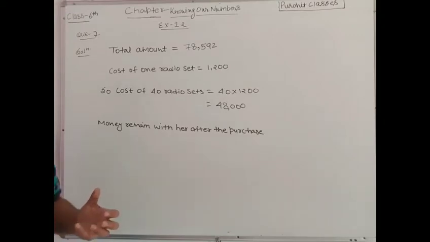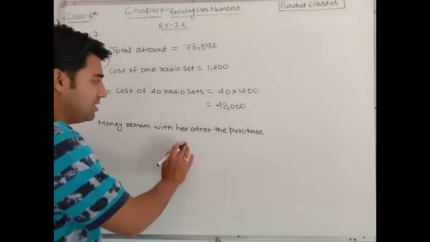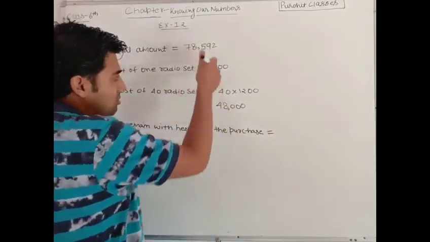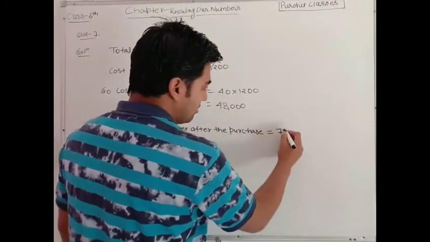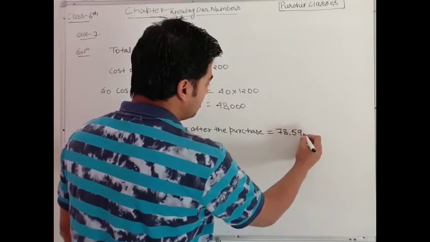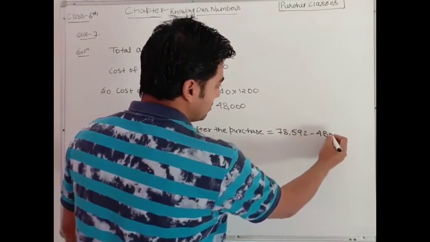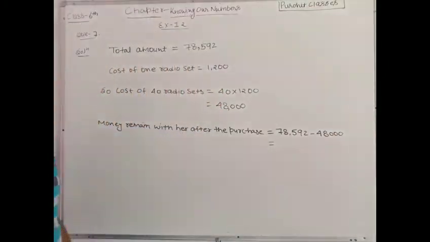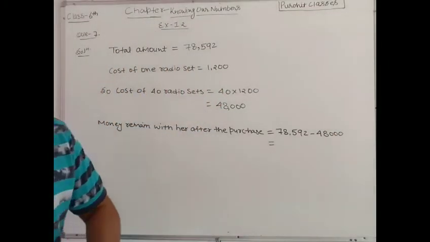Just try to grasp, just try to find out the language from the question part. Understood? Okay, so money remained with her after the purchase is given by the difference of 78,592 minus 48,000. Now after subtracting you will get your answer. Okay, so pause the video and note it down.